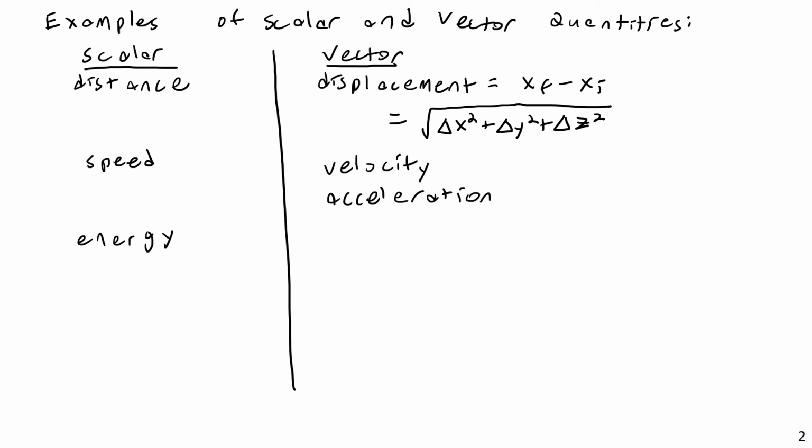Energy can have a positive or negative sense depending on how you're defining it, but it cannot have a direction. It is purely a scalar quantity. It's not going to have any kind of directionality associated with it. It's a scalar rather than a vector quantity.